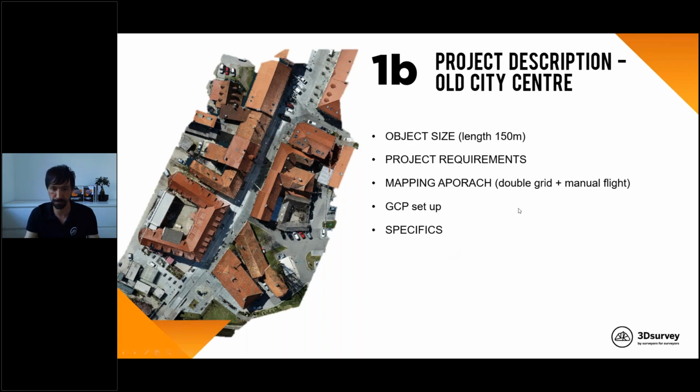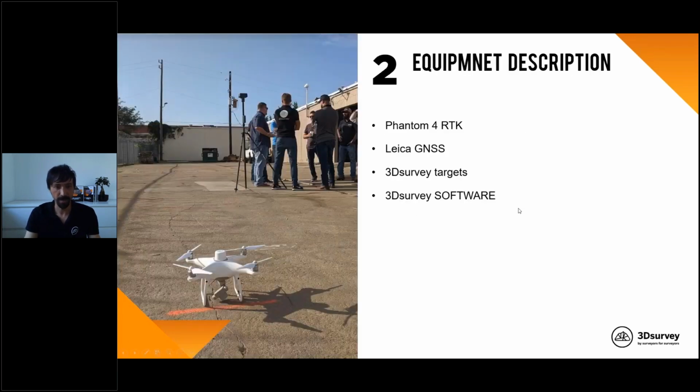Okay, our equipment for these two projects was the Phantom 4 RTK. You can see the drone here. Then we use a Leica GNSS device, so the GPS system, for measuring the ground control points. We use our 3D survey targets, so black dots on a white plate.